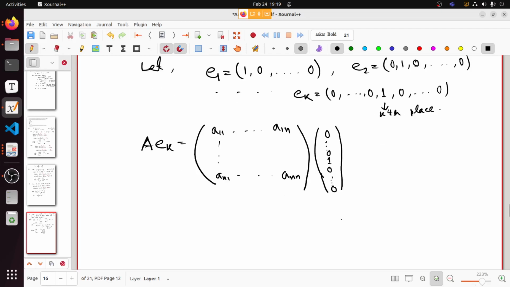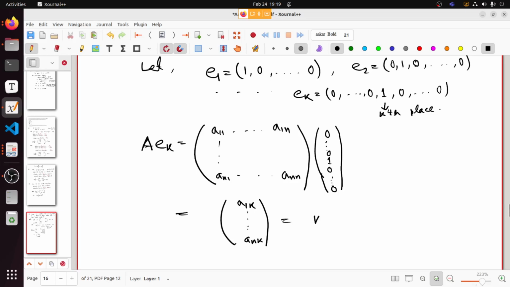If you multiply this, what do you get? You get a1k ... ank, just the kth column vector.